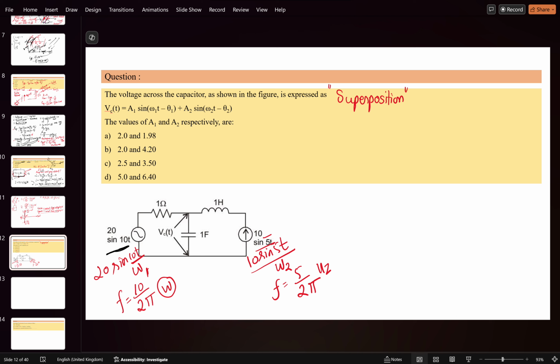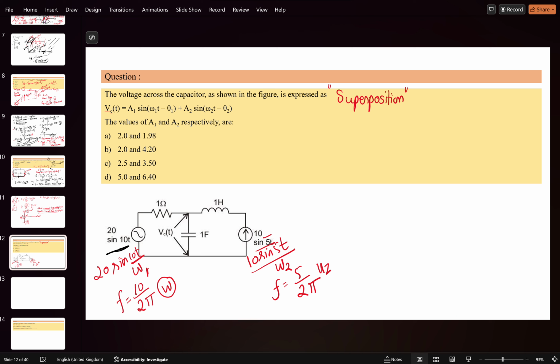The superposition theorem is applied basically to a linear circuit. Linear circuit means where RLC components are there, not time varying or dependent sources or dependent loads.